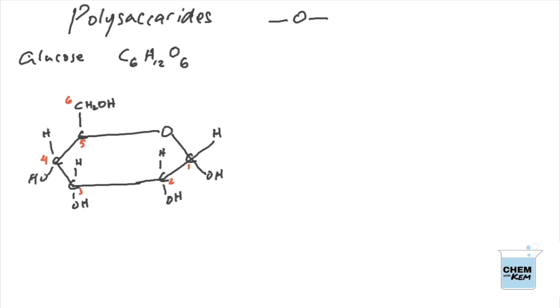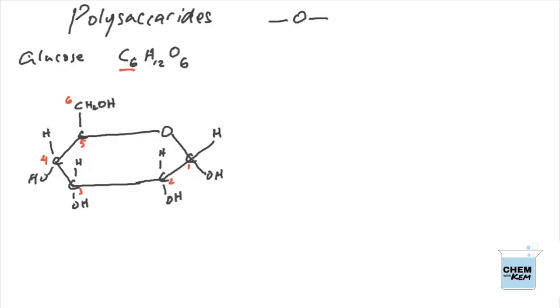So we can see why we have C6H12O6. We can count up the hydrogens to ensure that we have 12 of them. All right, so in case you can't find the 12th hydrogen, it's really here. All right, so that's one glucose molecule.